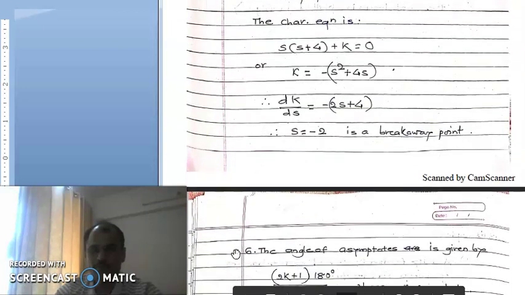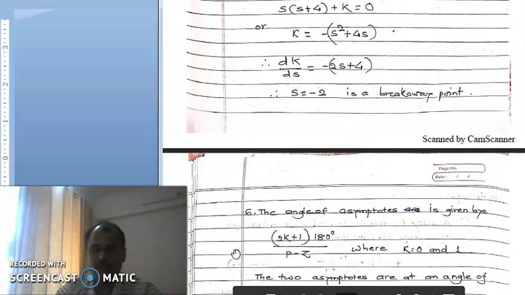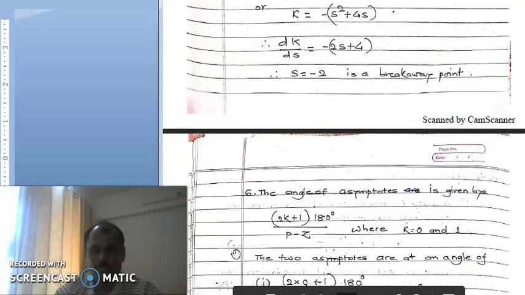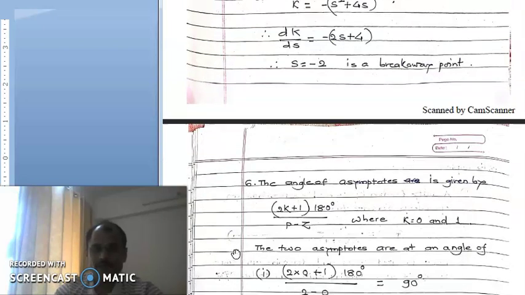We will proceed further. Step 6, the angles of the asymptotes are given by the equation (2k+1) × 180 degrees upon p minus z, where k is equal to 0 up to p minus z minus 1. Here p is 2, z is 0, and therefore the options for k are either 0 or 1.